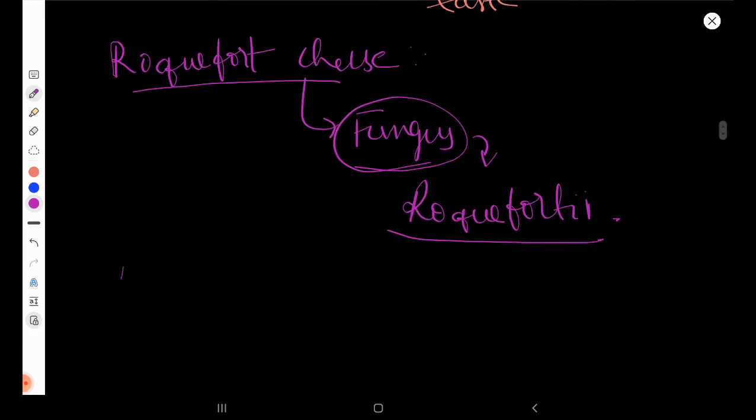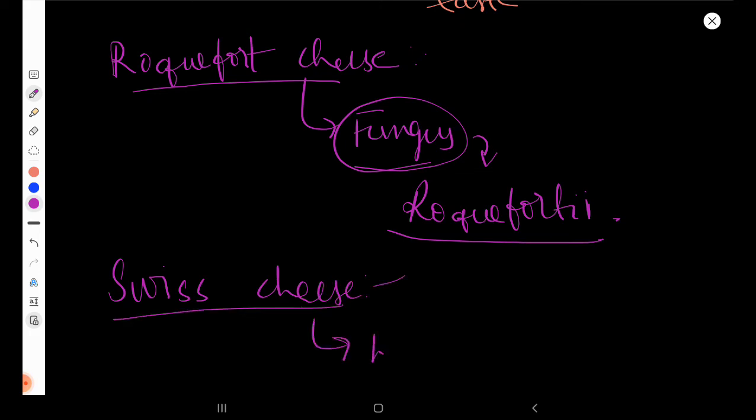The second type of cheese is called Swiss cheese, which is a little famous, and this Swiss cheese has large holes.